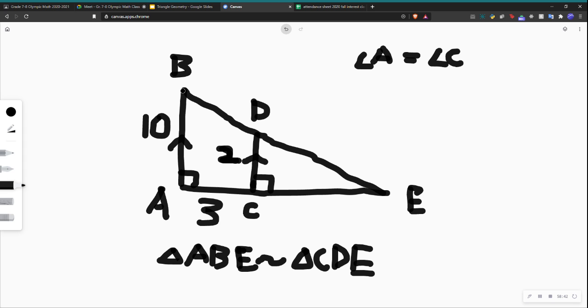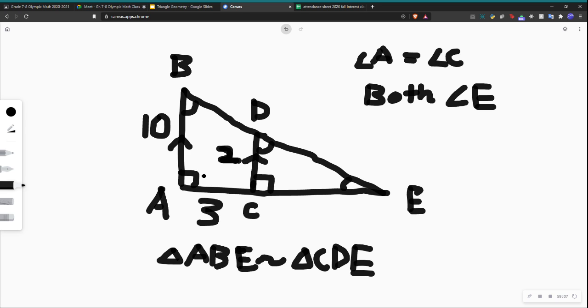What we notice is that these triangles share this angle E right here. So they both have angle E. And then in the other angles, we have angle ABE, and angle CDE right here.